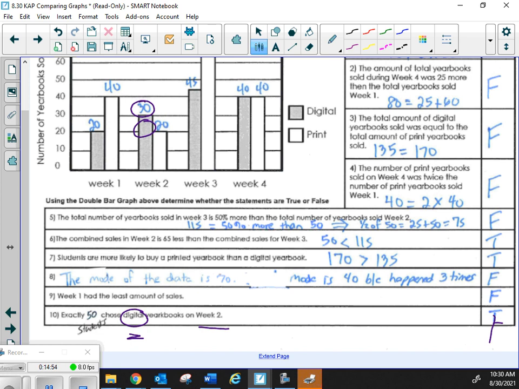And half of 50 is 25. So if I was calculating a 50% increase, that means adding half this value. So that'd be adding 25 to its original. So that'd be 75. We'll do actual math for that later in the year, but that's a quick explanation of it. As long as you got false, you got it. Other questions? All right.